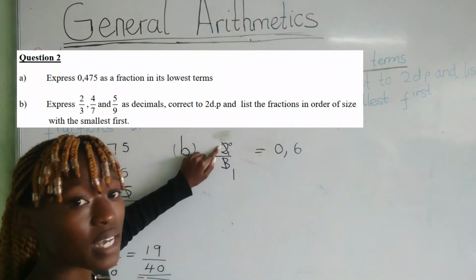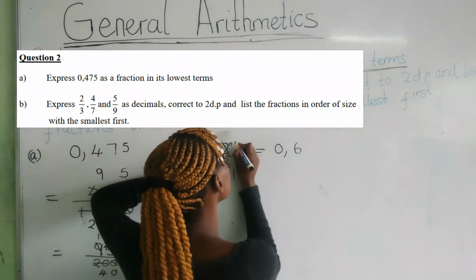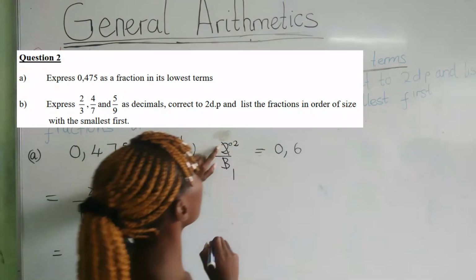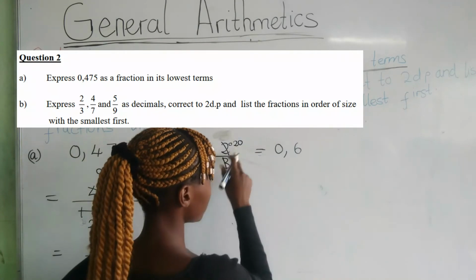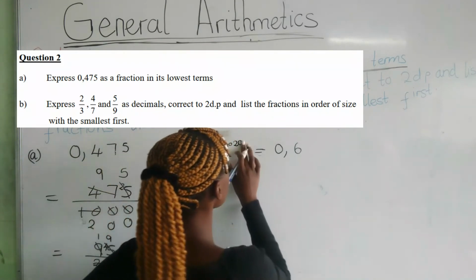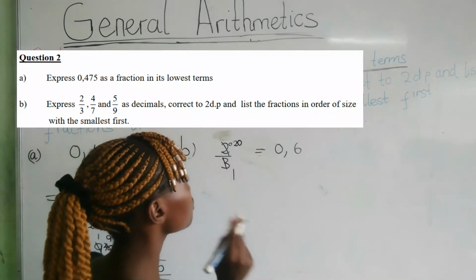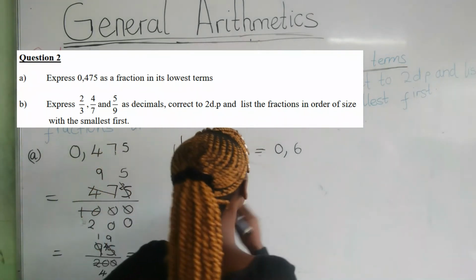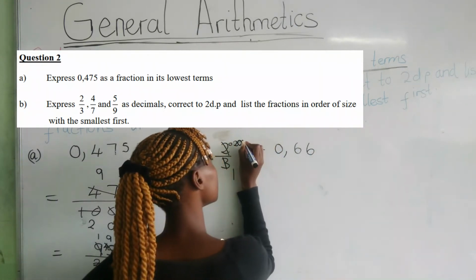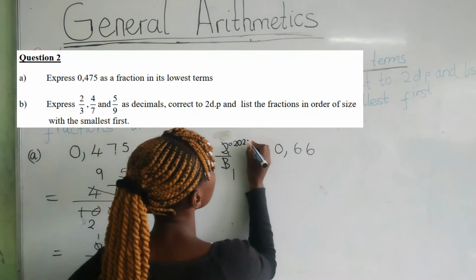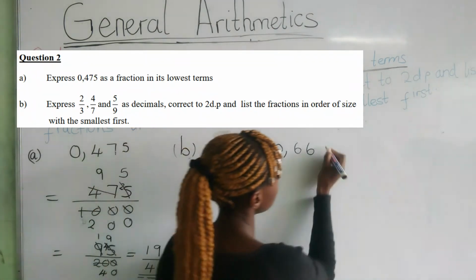6 by 3 gives us 18, leaving a remainder of 2 again. We put 2 and we add another 0. 3 into 20. 3 into 2, it can't, we add another 0. 3 into 20, it's 6 again, leaving a remainder of 2, so we add another 0. 3 into 20, it's 6.